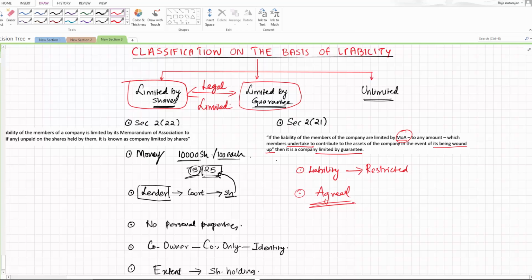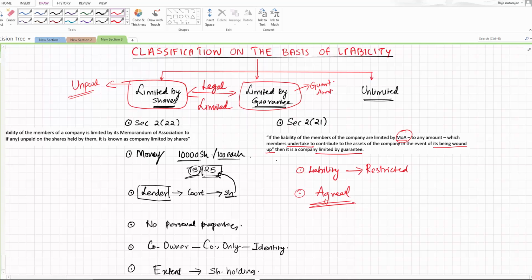In the company limited by shares, the liability is restricted to the amount which remains unpaid on the share, whereas in the company limited by guarantee, it is restricted to the guaranteed amount.